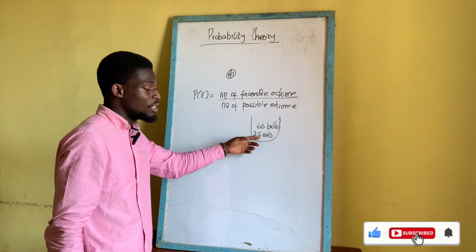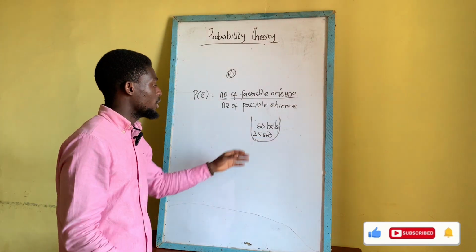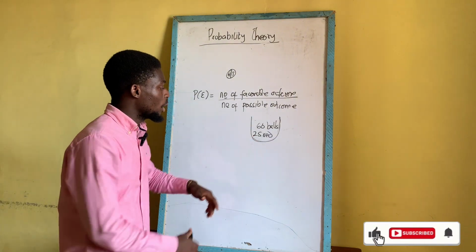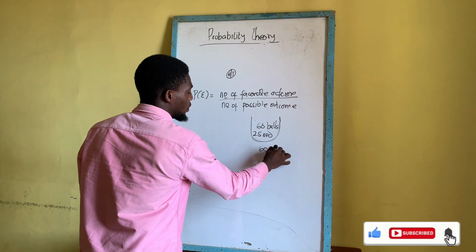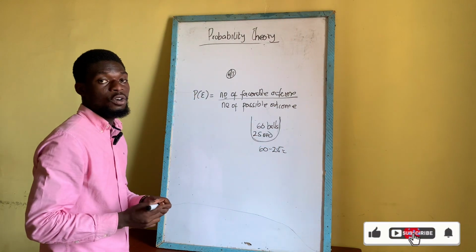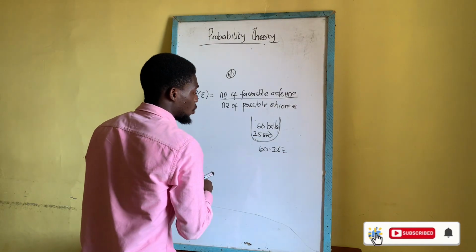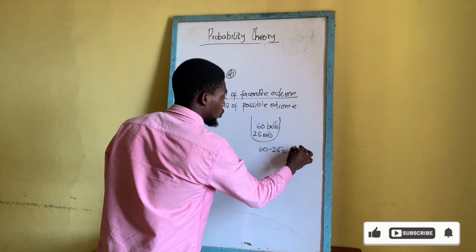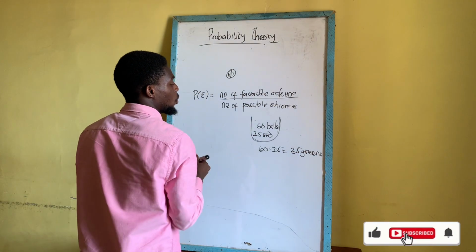With the help of this 25, we are able to find out the number of green balls in this beaker. So we are going to subtract the 25 from the 60 to get our number of green balls. If we subtract 25 from 60, we get 35.